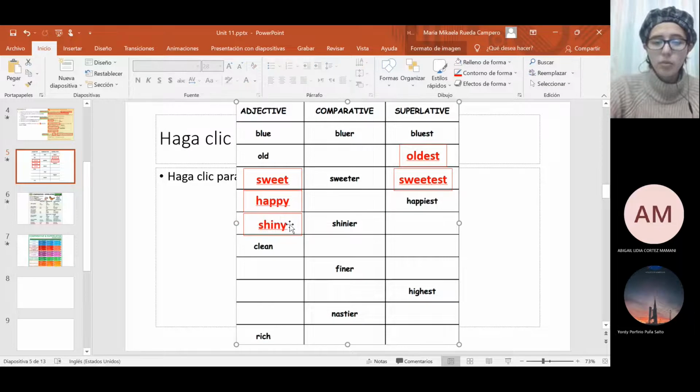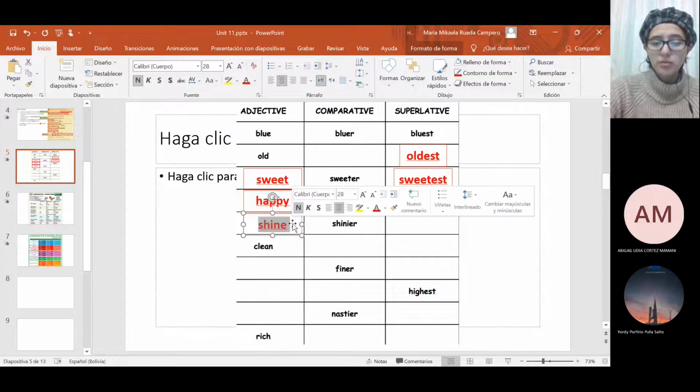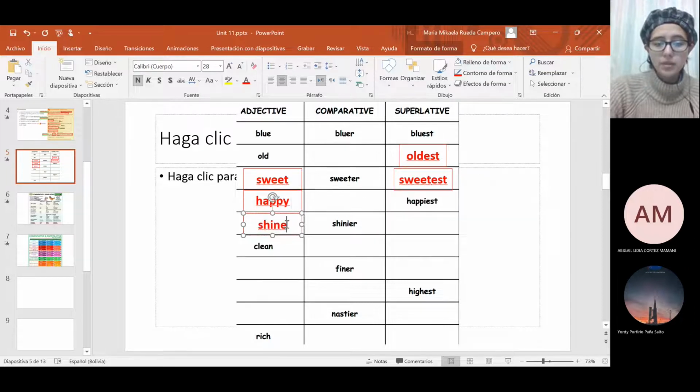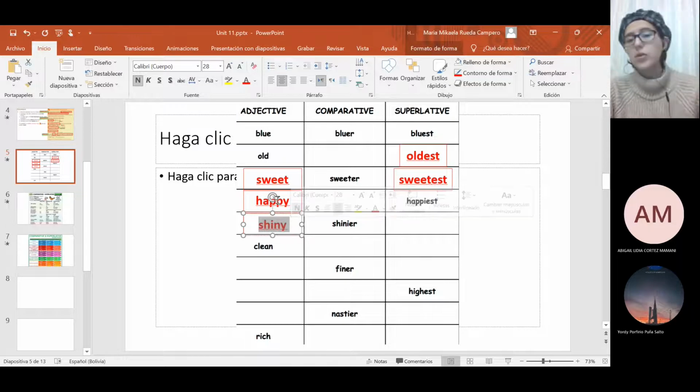Yes? Remember that shine is the verb, que significa brillar. But the adjective is shiny, brilloso. Yes, this is the adjective. Okay, so now superlative. What about the superlative?